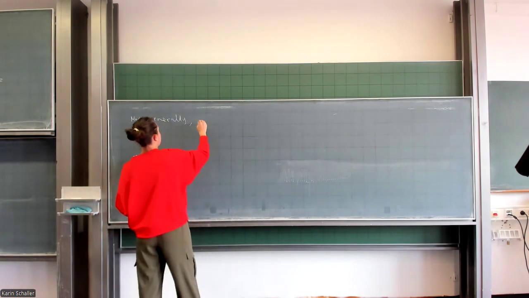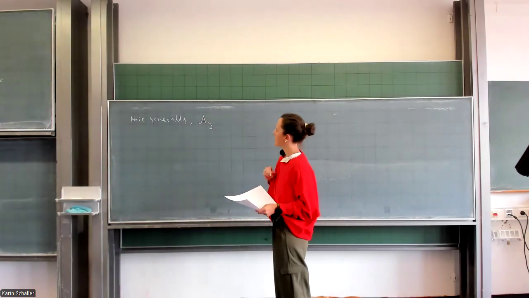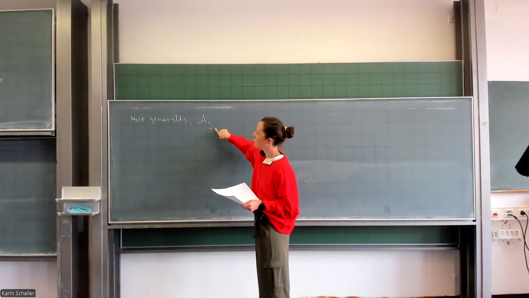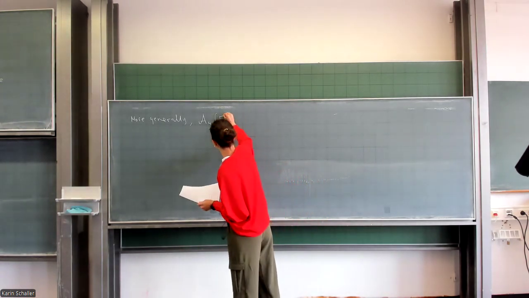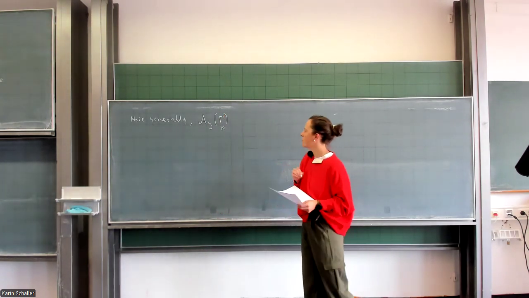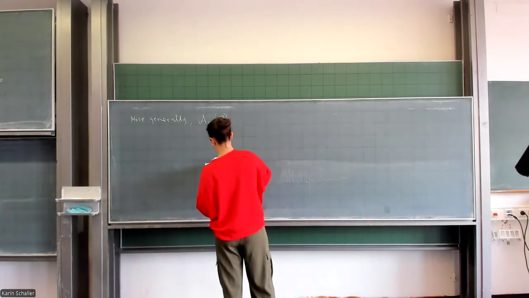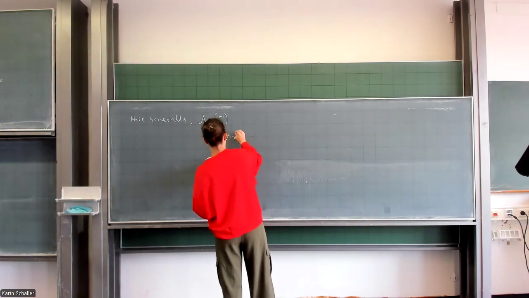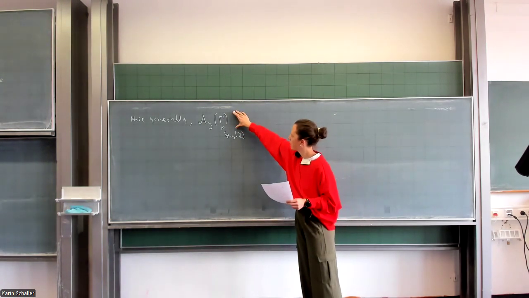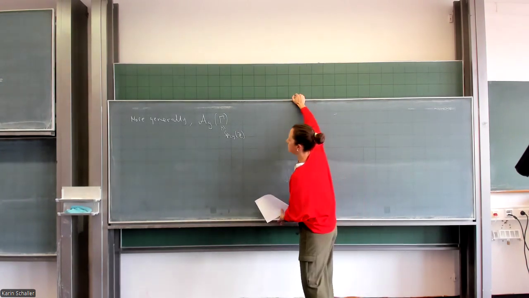More generally, again over the complex points, I can look at the moduli space of principally polarized abelian varieties of dimension g with some level structure. This is going to be a neat arithmetic subgroup of the symplectic group Sp2g. I'm doing this to get rid of torsion points and automorphisms.